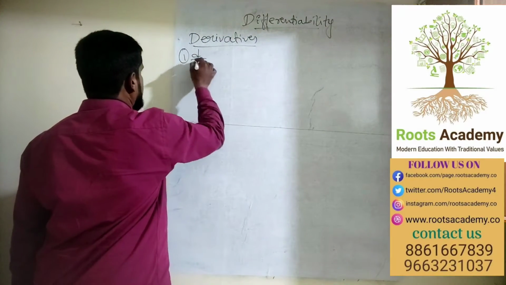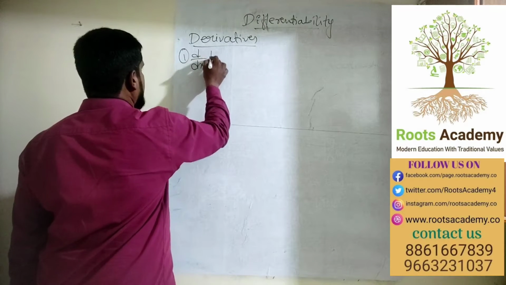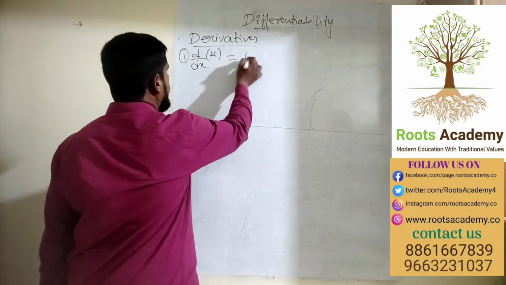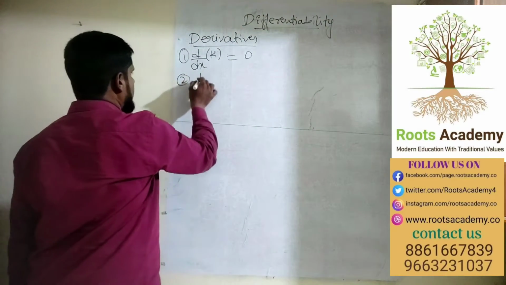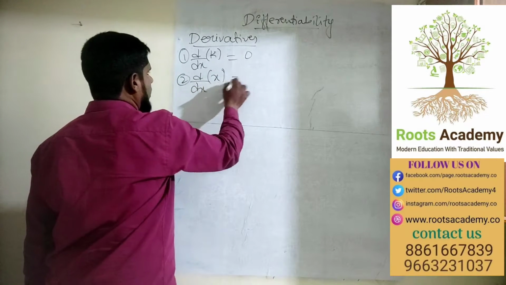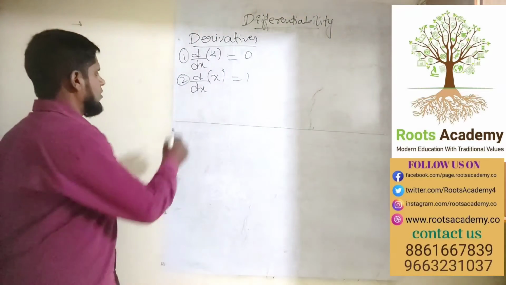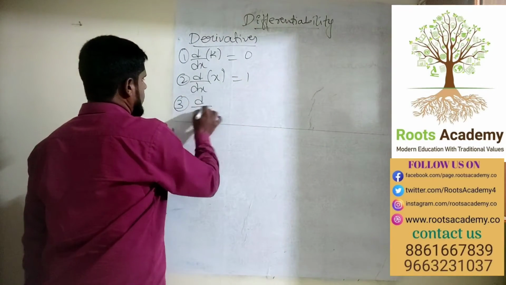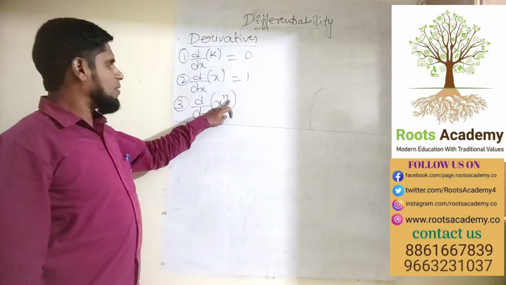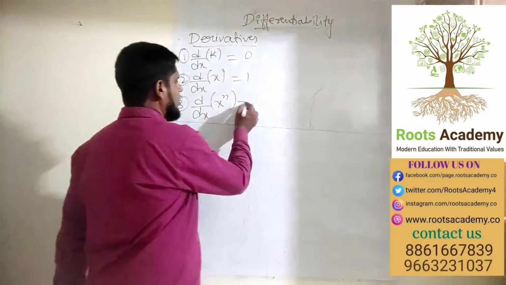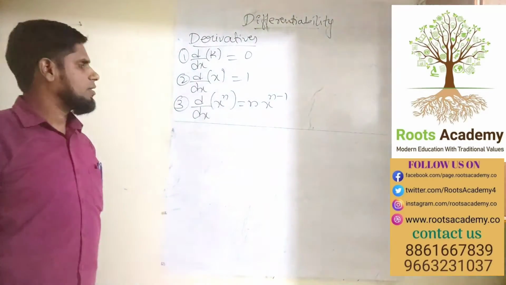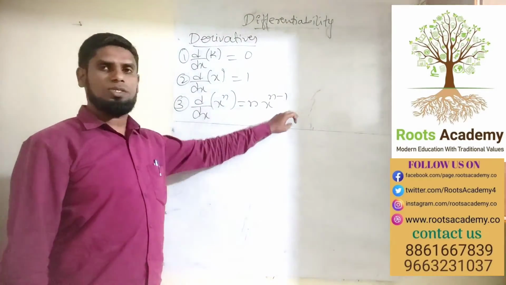First, d by dx of k, where k is a constant, its derivative is 0. d by dx of x, its derivative is 1. Third, d by dx of x power n: the power comes down as a constant, then x to the power n minus 1. That is n into x power n minus 1.